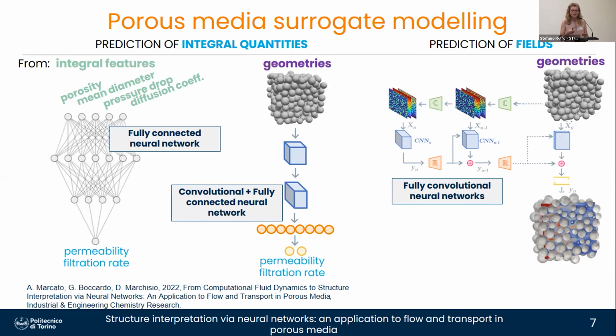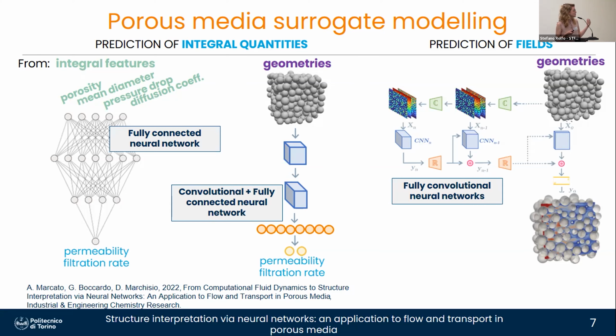In particular, neural networks can be used for different objectives. For example, they can be used for the prediction of integral quantities, so for the prediction of numbers. We were interested in the prediction, for example, of the permeability or the filtration rate for our transport problems. It is possible to predict these integral quantities starting from selected features, so we choose some input features like the porosity, the mean diameter, or operating conditions for the prediction of our objectives.